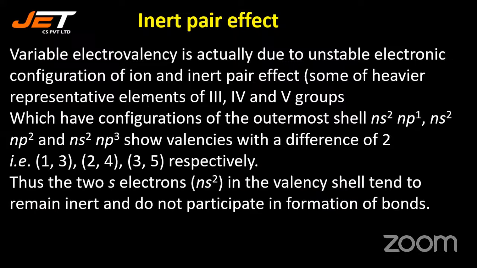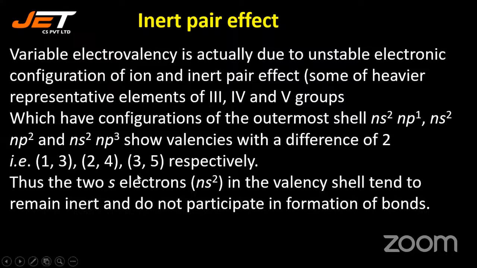So the inert pair effect is the phenomenon observed only in, I will say, groups 13, 14, 15. See, groups 3, 4, 5 are the older group numbers. You can write here groups 13, 14, 15 in the modern periodic table, and sometimes 16 also. It is the tendency of the two electrons of the outermost s orbital to remain unshared.